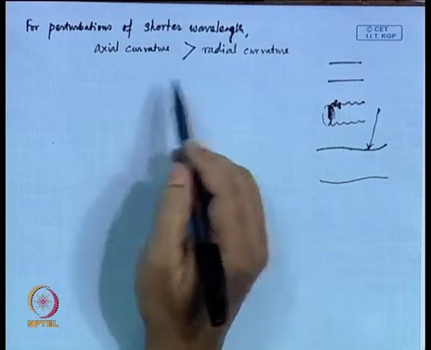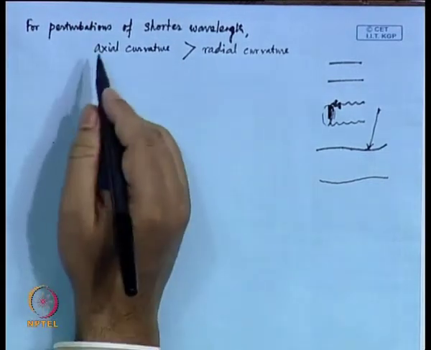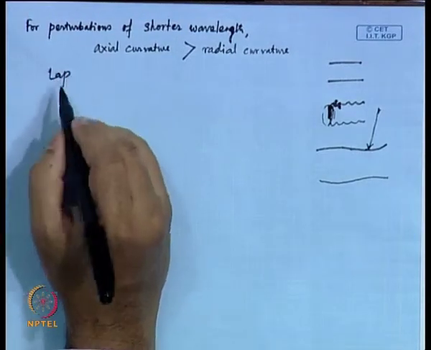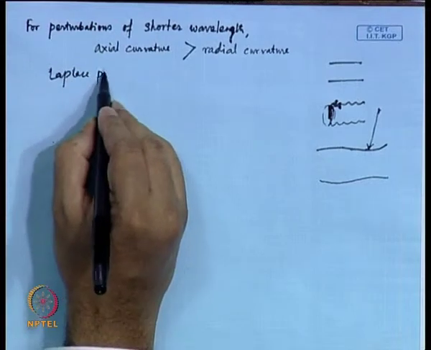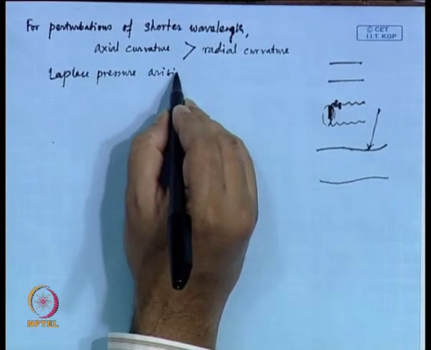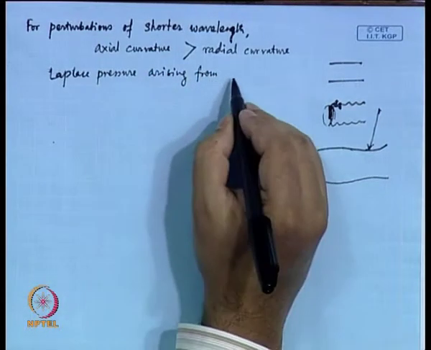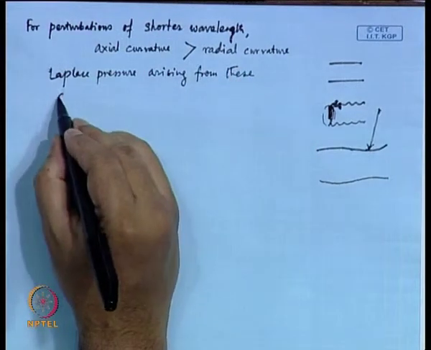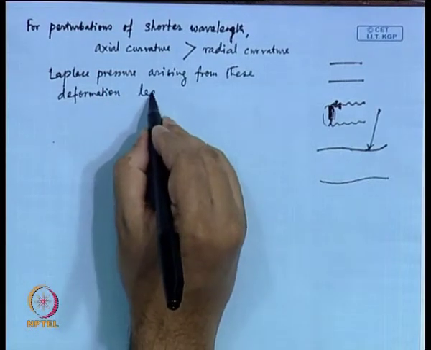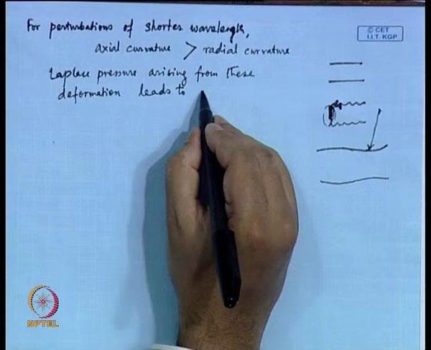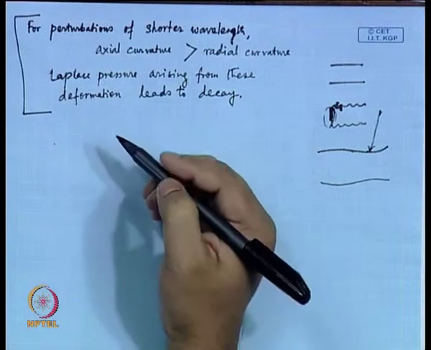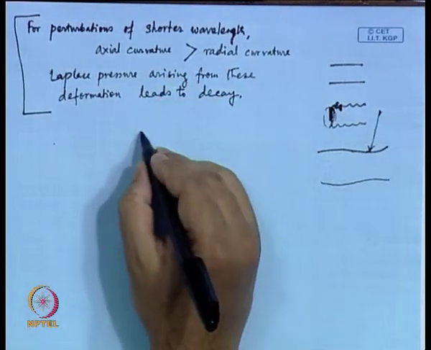So, for perturbations of shorter wavelength, the axial curvature is greater than the radial curvature, and the conclusion we are making is that the Laplace pressure arising from these deformations leads to decay, and the converse would be for longer wavelength.